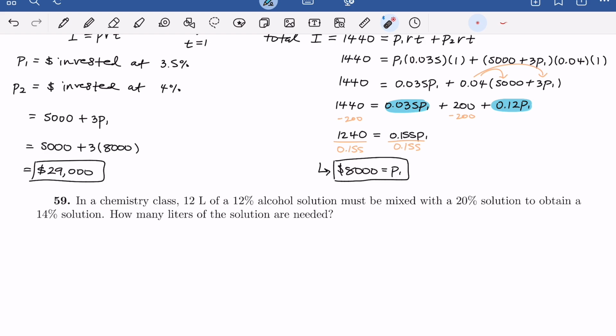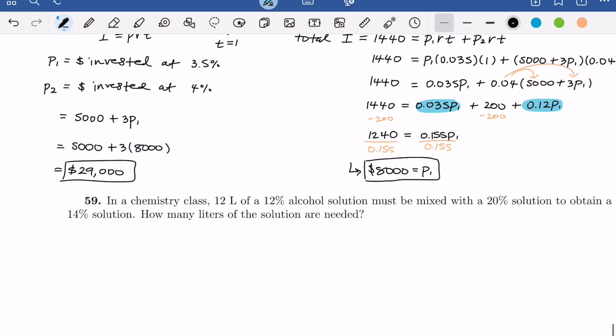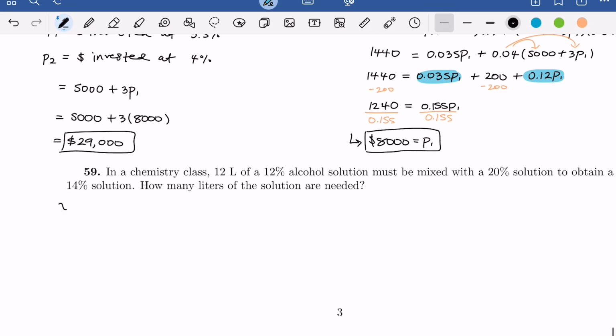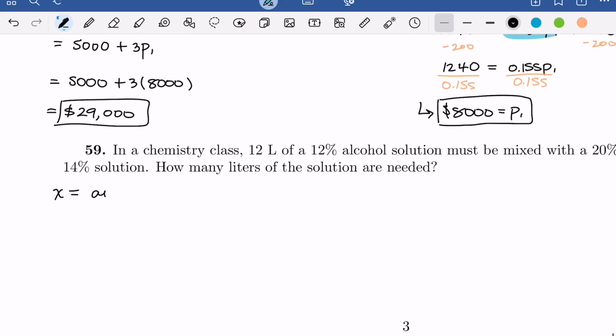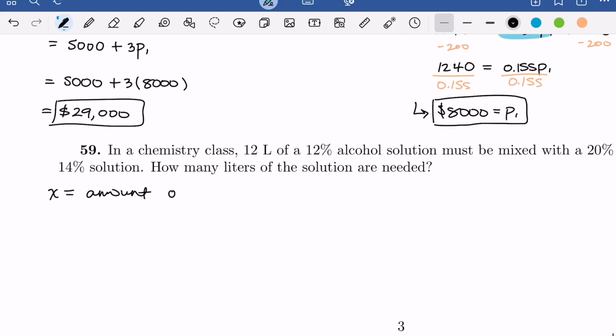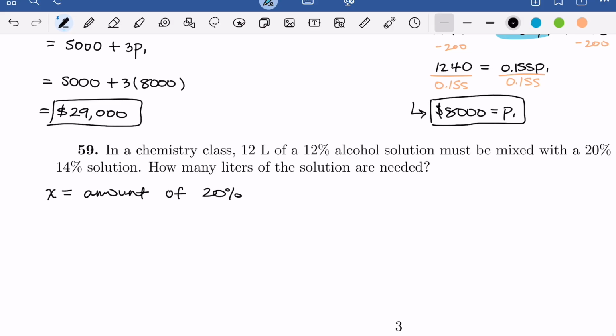Okay, so again, let's start labeling some stuff. Let's assign some variables to some quantities here. So X, we're going to call the liters of the solution. This is what we're looking for. So this is the amount of the 20% solution. We don't know how many liters we need yet.